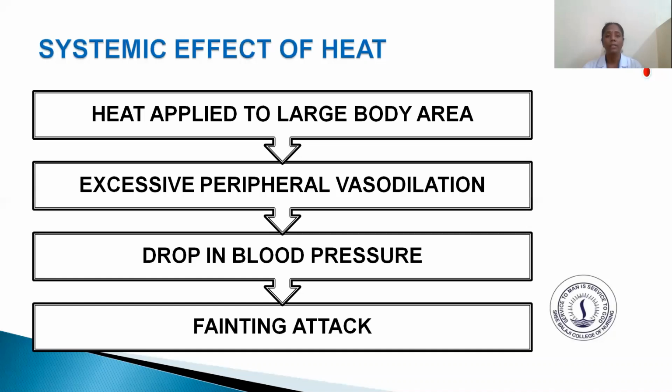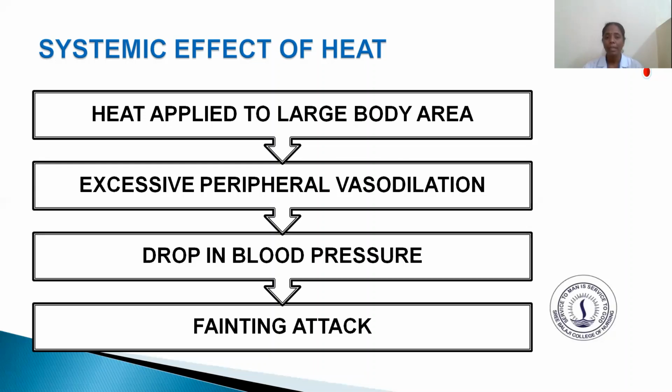Next we discuss the systemic effect of heat. When heat is applied to a large body area, excessive peripheral vasodilatation takes place. So there is an immediate drop in blood pressure, and fainting sometimes takes place.